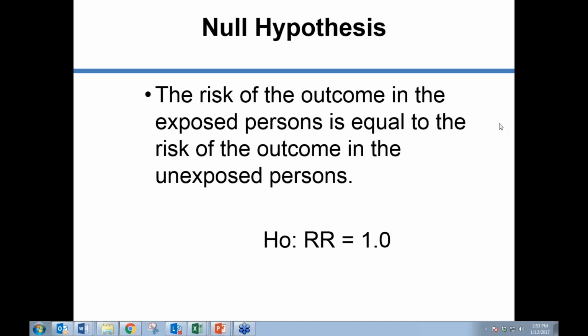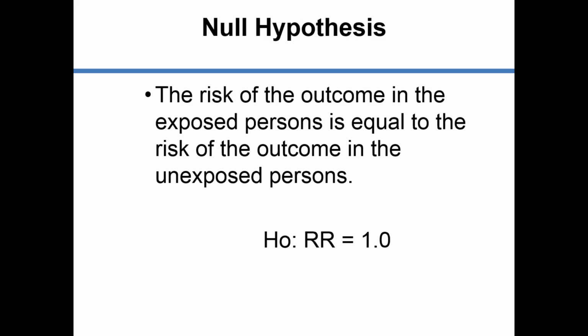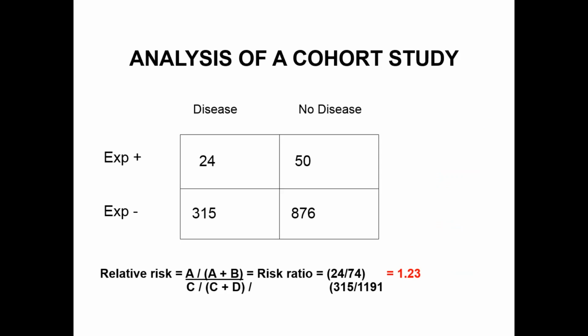Okay. But if we go back to the previous slides, mine says null hypothesis now. Okay, which slide are you looking for? We need to go back a few. What is the title of the slide? Let's see. We have to go back to measures of association.